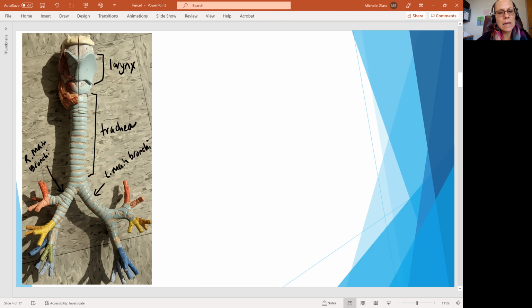And then we can see as those bronchi enter the lungs, that we're getting smaller tubes and we're getting more cartilaginous plates. And so the next division is what's called the lobar, because you're going into the different lobes of the lung. So the next division is called lobar bronchi.